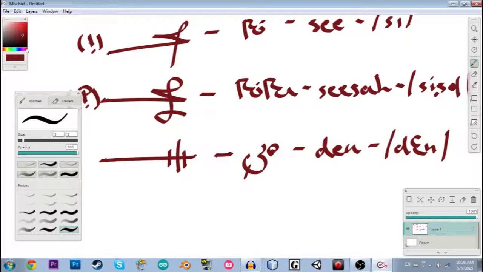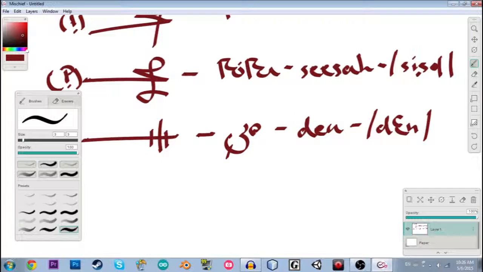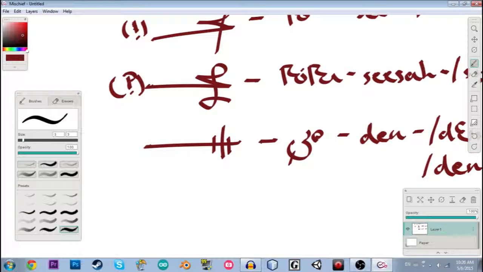But I guess the most right way would probably be written like that. I honestly have kind of developed my own accent. Den. Because all the vowels should be pronounced evenly, but even I have my own problems. Den.